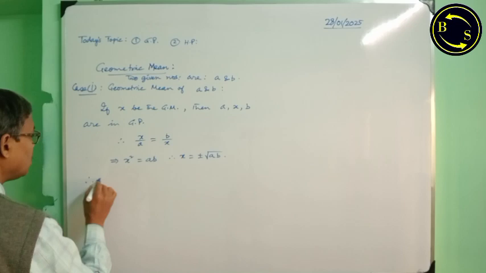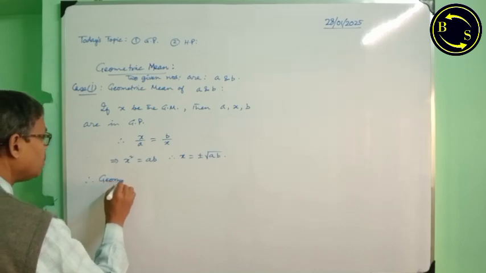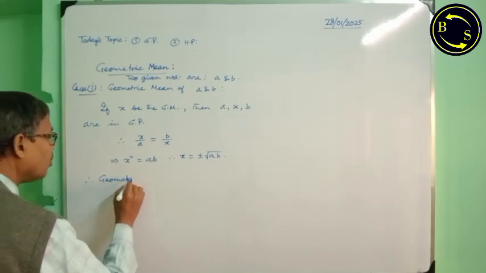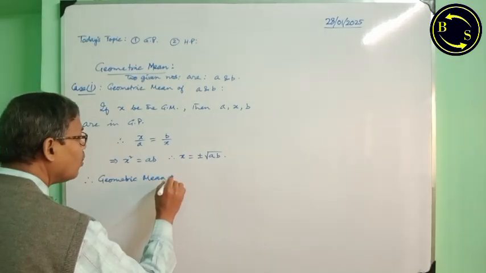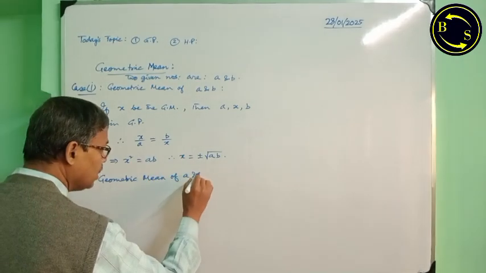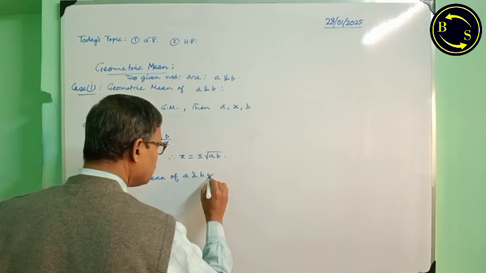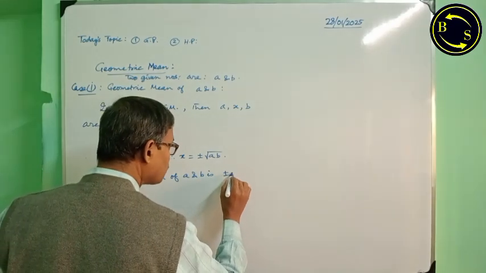Therefore, geometric mean of A and B is plus minus root over AB.